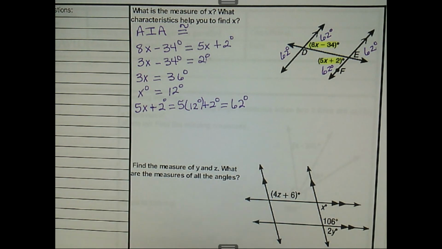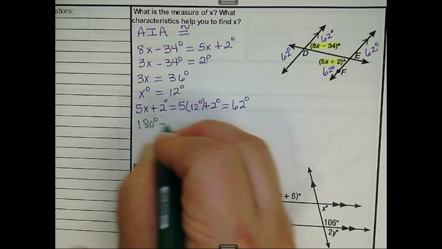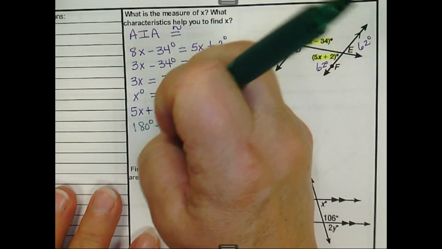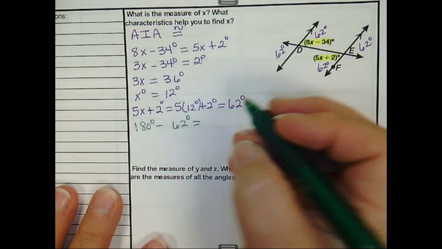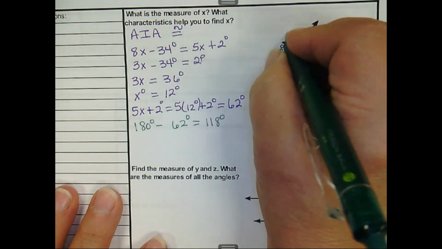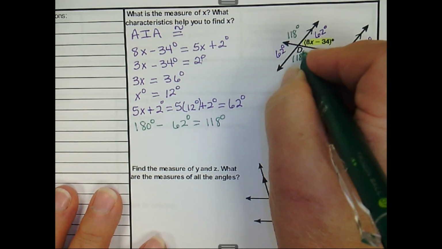Once I have that, to find the other 4, I do what? Subtract from 180. So 180 degrees minus 62 degrees is equal to 118 degrees. Now I know the other 4.